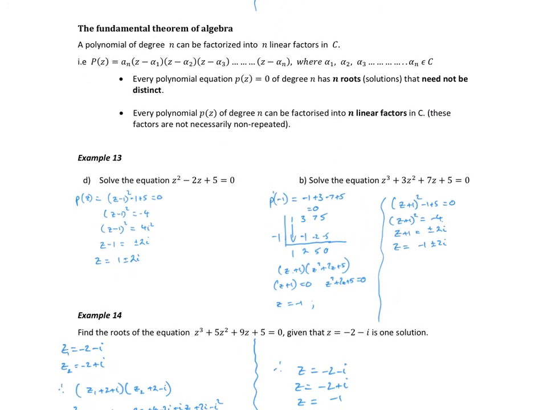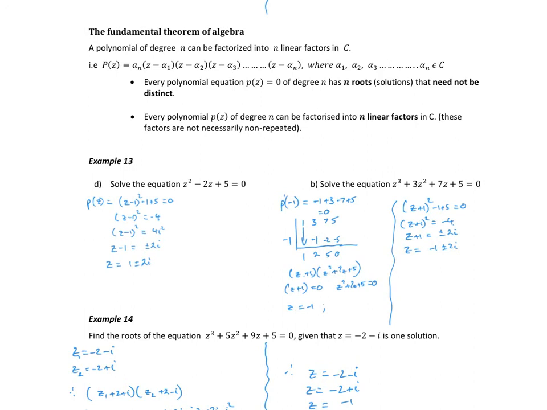All right, which leads us through into the fundamental theorem of algebra, which basically says if we have a polynomial P of z equal to 0, and it has degree n, well, it'll have n roots or n solutions, but they may not be distinct or different.